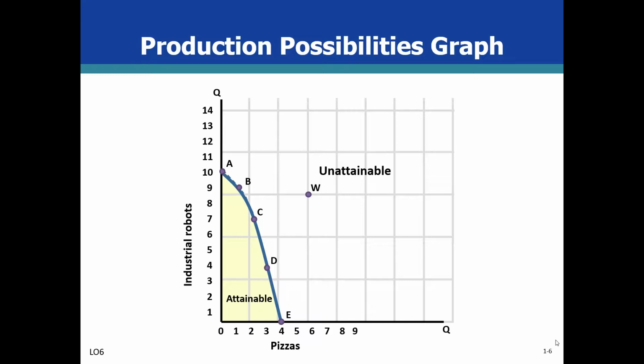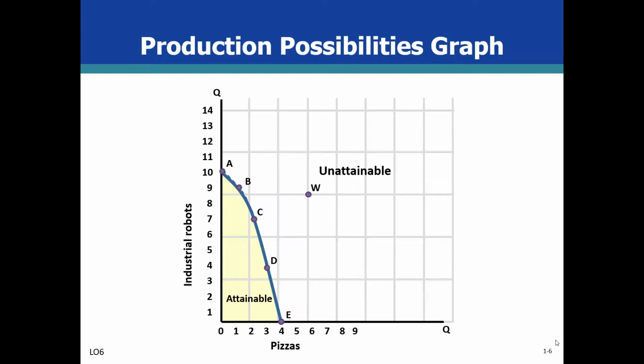For example, as we move from 10 industrial robots and no pizzas, in order to get 1 pizza, we have to trade off 1 industrial robot moving from A to B. However, as we move down the curve, we see that we must give up more industrial robots for 1 additional pizza. This is a good example of opportunity cost, or what needs to be given up to get something else.